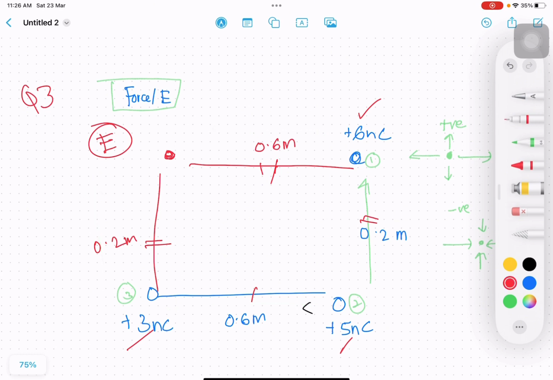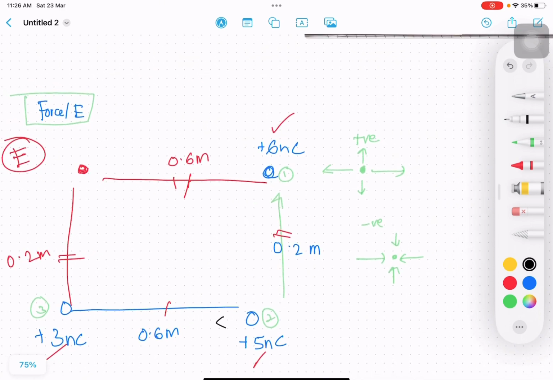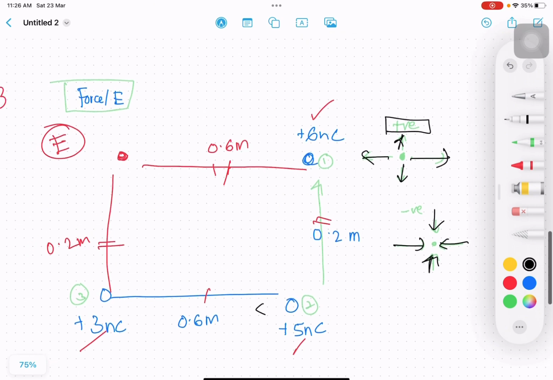Bila electric field, dia tengok kepada positif ataupun tak. Bila satu point charge tu positif, electric field dia keluar, whereas for negative is inward to the point charge. So here dia keluar, yang ni pun keluar, yang ni pun keluar.